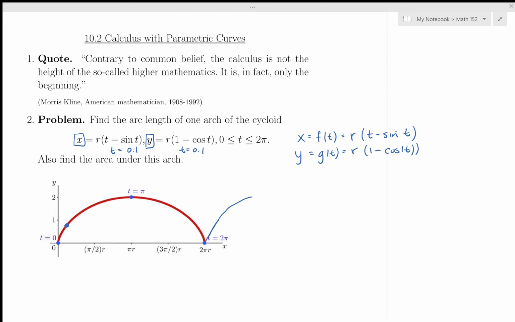That is a parametric curve. It is just another way of providing the xy points that correspond to a particular graph.